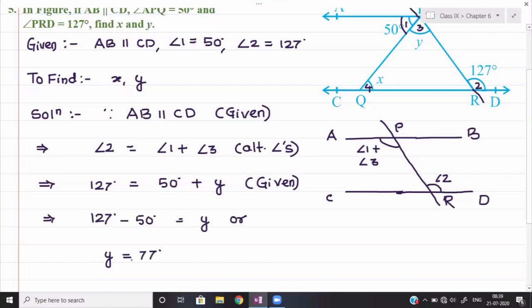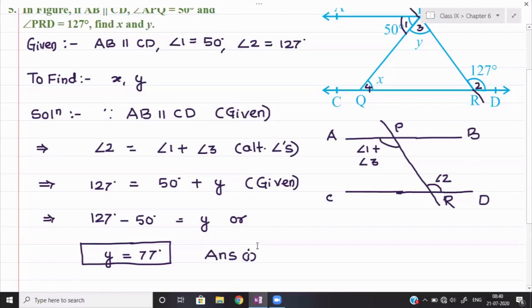So 77 degree is the value of y, and this is your first answer in the question. You can mark this as my answer number 1. It is not compulsory that x comes first alphabetically, so you can find out the value of x or y, anyone.